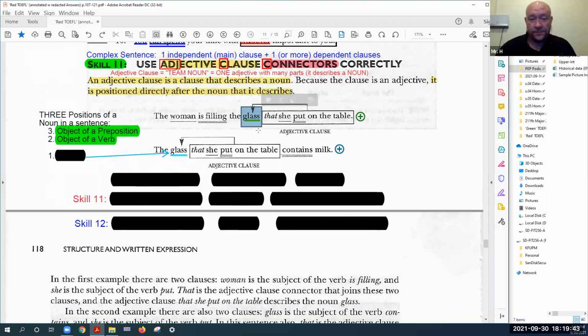Not the position, the part of speech. Can anyone help? It's a noun, right? Now tell me the position. It's an object. Why? Because it follows the verb. Object of the verb, bingo.